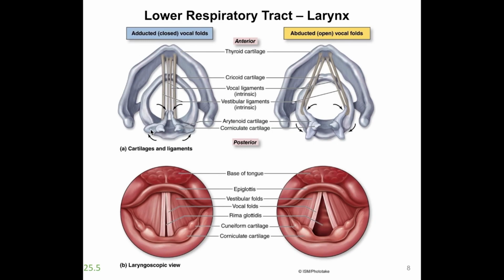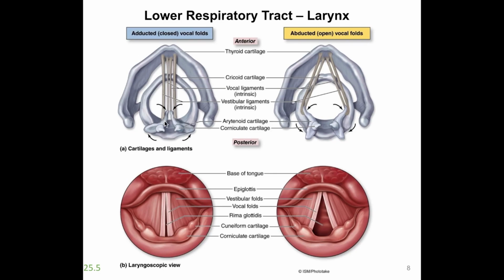These are the arytenoid cartilages, and these little ones on top are the corniculate cartilages. And you'll see that there are ligaments that span from the inside of the laryngeal prominence to the arytenoid cartilages specifically.